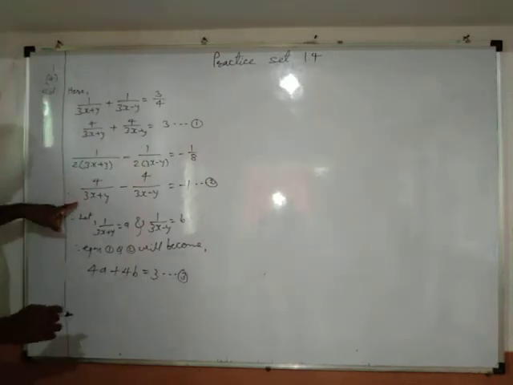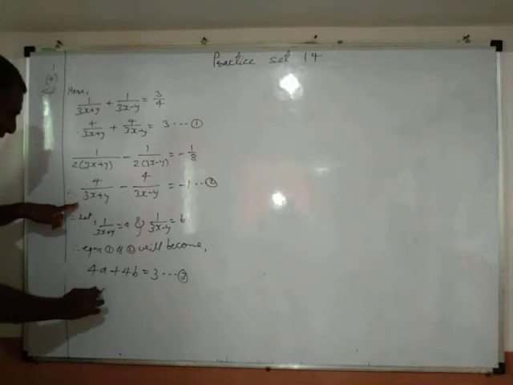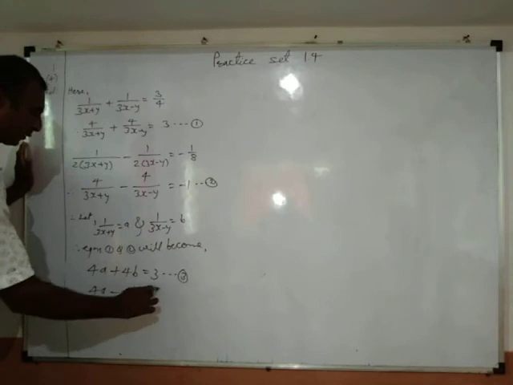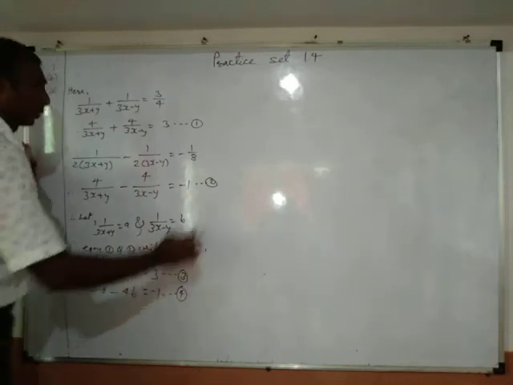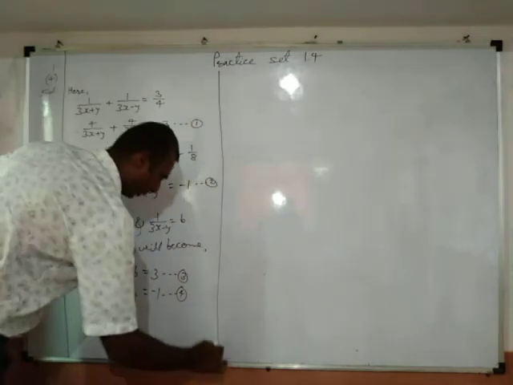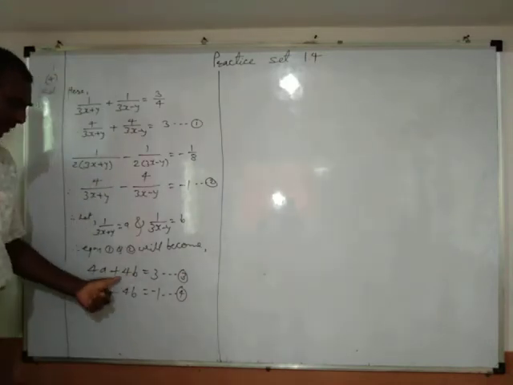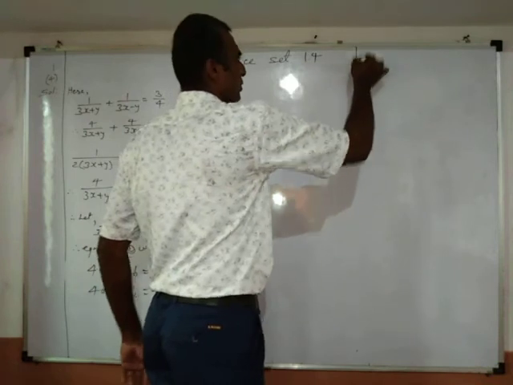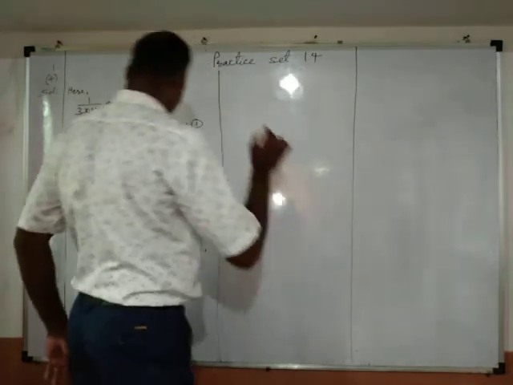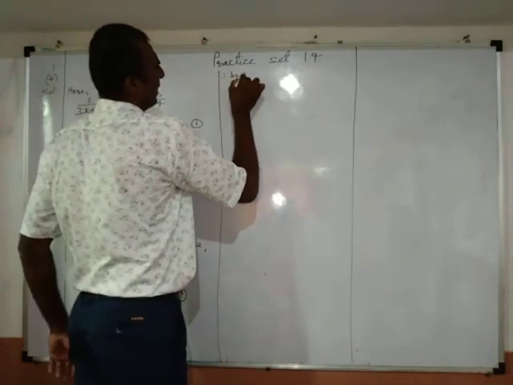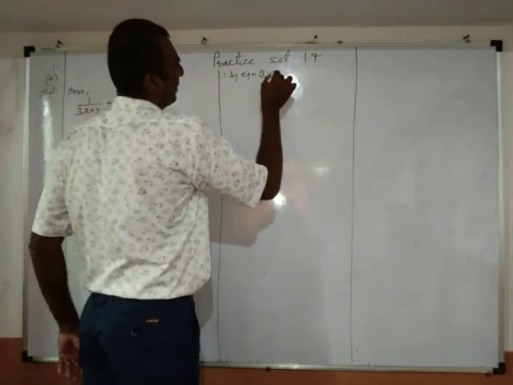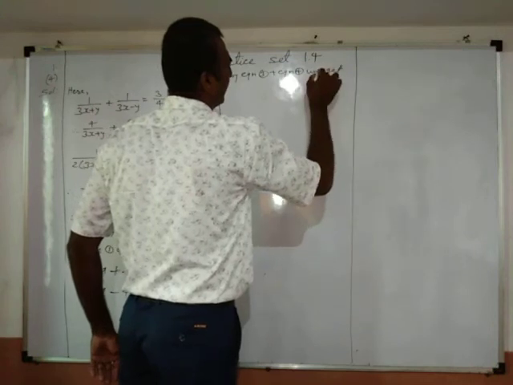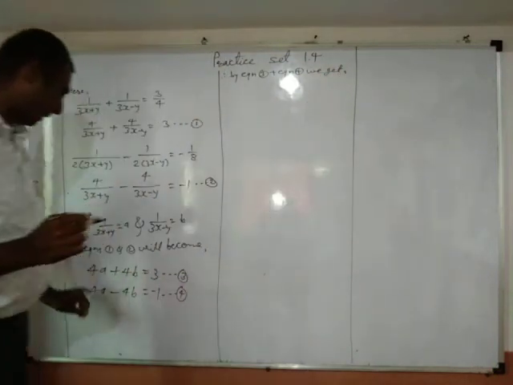And equation second will become 4a minus 4b equals minus 1. Equation fourth. Now here you may note coefficients of b are same with opposite signs. That's why it is better to add these two equations. Therefore, by equation 3 plus equation 4 we get, let's see what will we get.